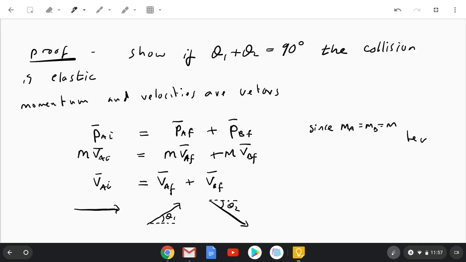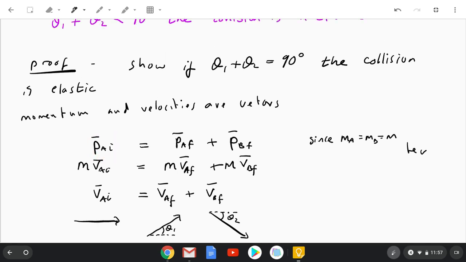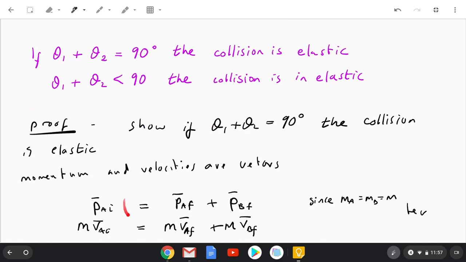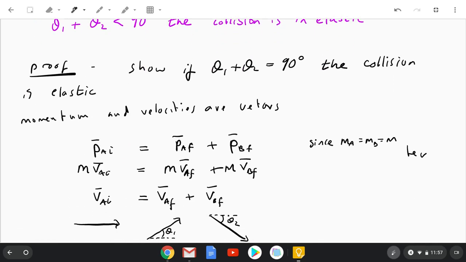Recognize first that momentum is a vector, velocity is a vector. The momentum of object A, remember there's no momentum of object B, so I've not shown that here because it's 0. So the momentum of object A equals the momentum of object A afterwards plus the momentum of object B afterwards.